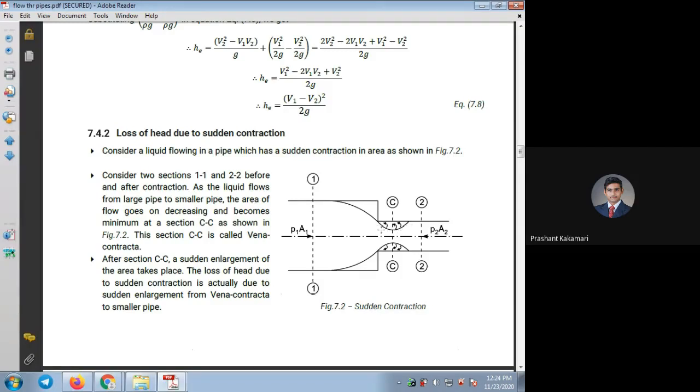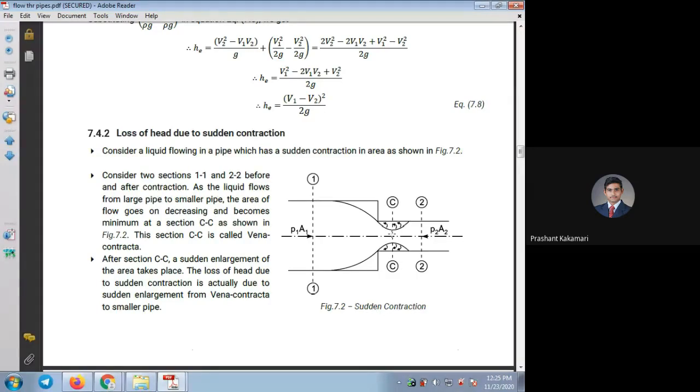You can recall the venturimeter phenomenon, where after the sudden change in diameter and after some length, there is a minimum area of flow. This minimum area of flow we call the vena contracta, as in our venturimeter.